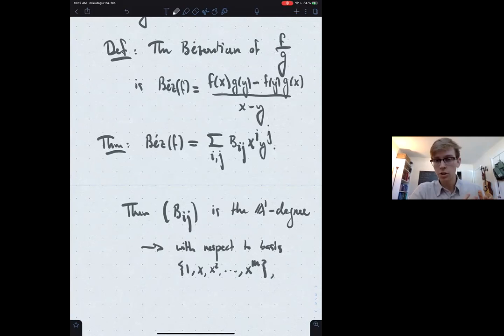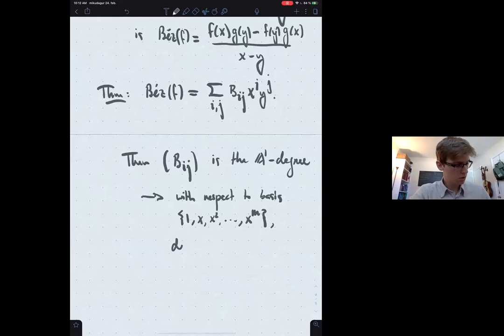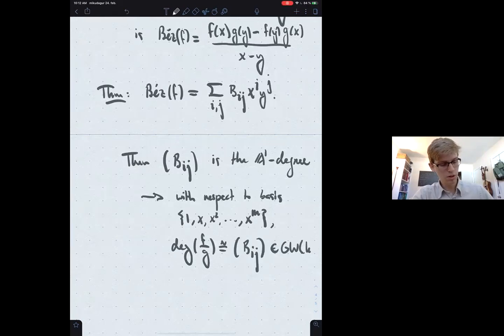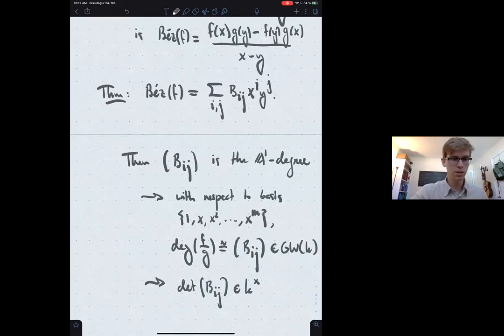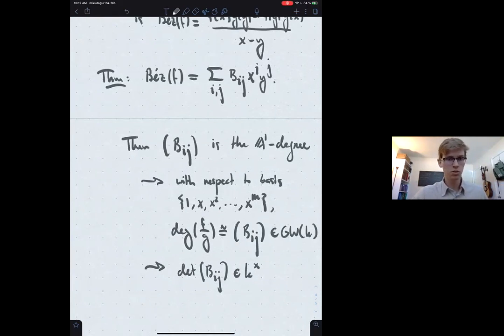This matrix is the Gram matrix of the bilinear form in the GW component of this degree. So the degree of f over g is isomorphic to this B_ij, and this is just in the Grothendieck-Witt part. And then you can also take the determinant of this matrix, and this will give you the K star factor of your degree. So this is a very explicit method for computing the degree using a Bézoutian.